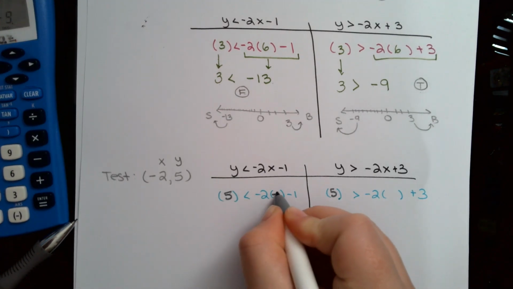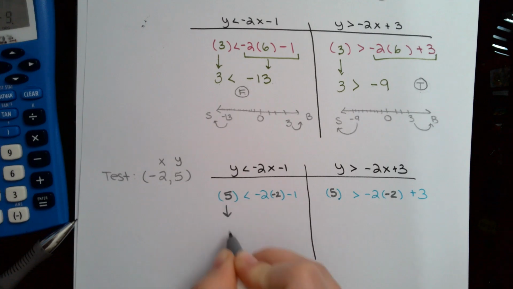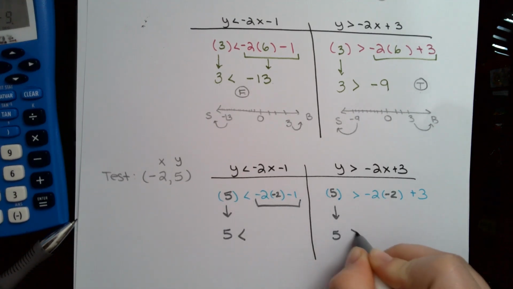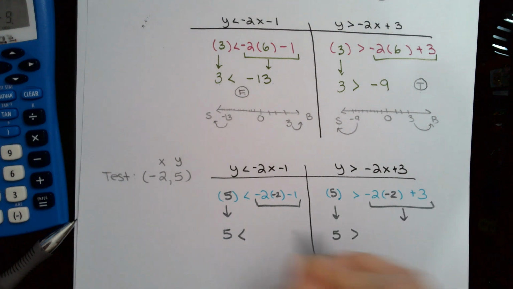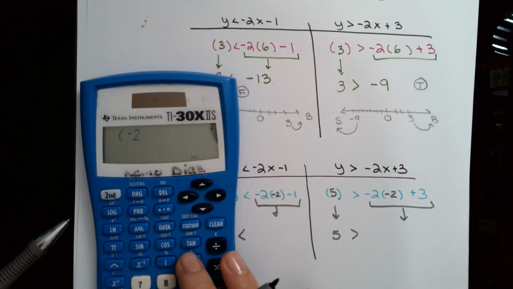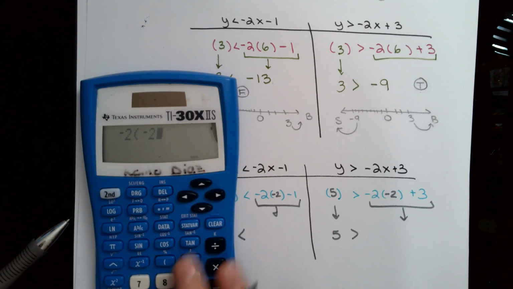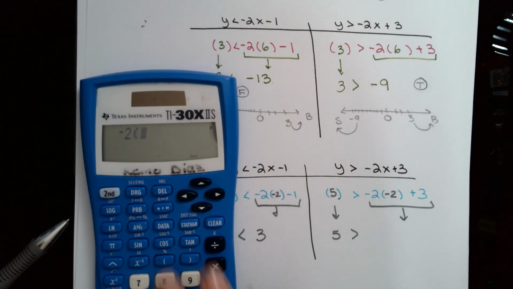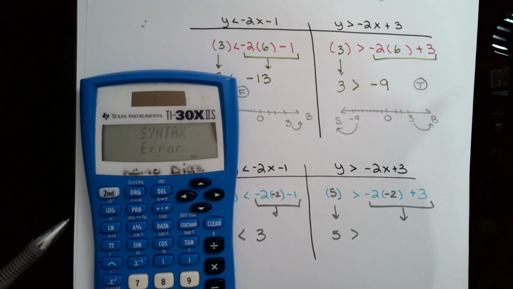Our x is negative 2. Again, don't do any flipping here. All we're doing is checking for a true and a false. Typing this into the calculator: negative 2, open negative 2, close it, minus 1. I get 3. Then negative 2, open negative 2, close it, plus 3.